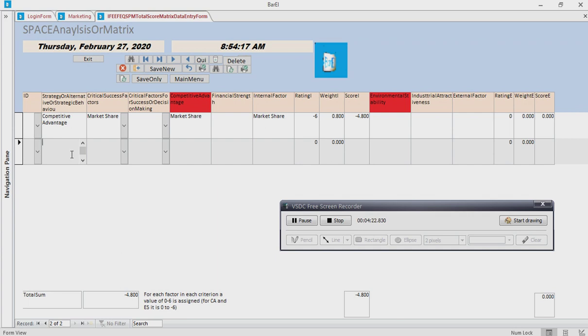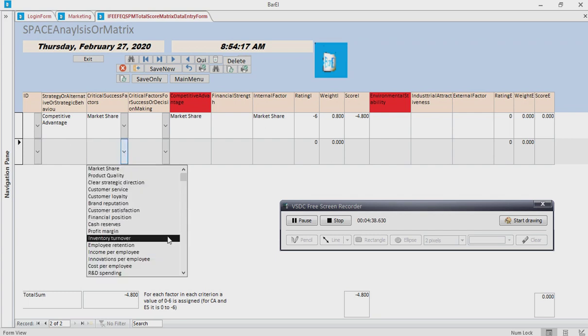And then another one is financial position.